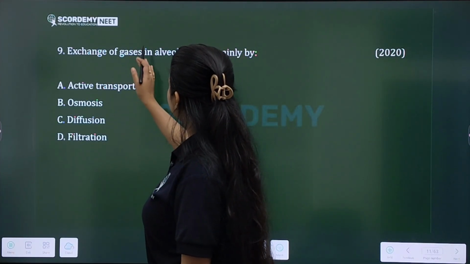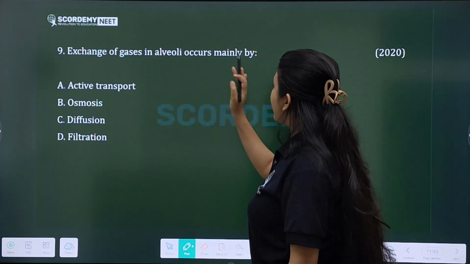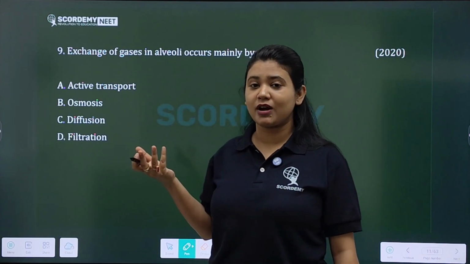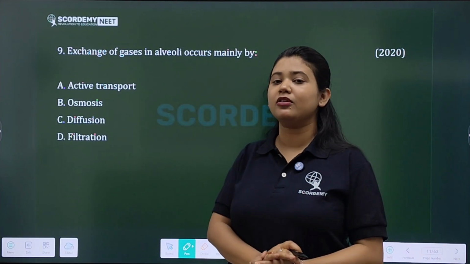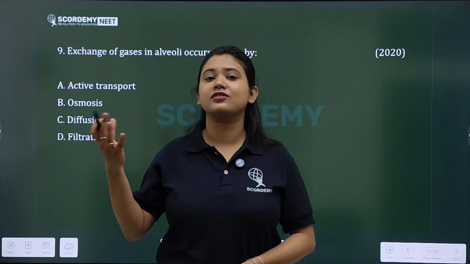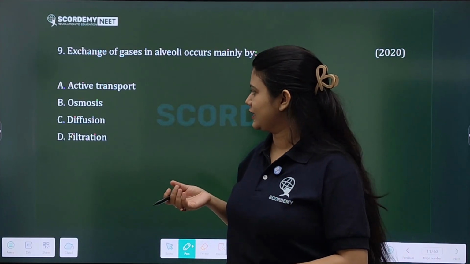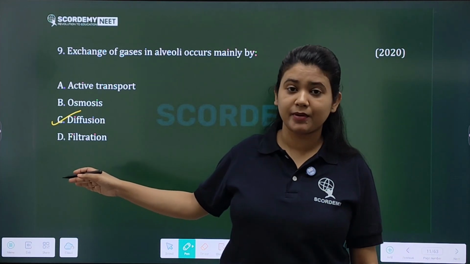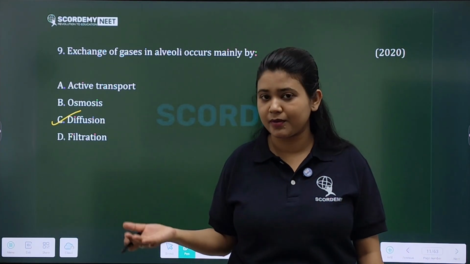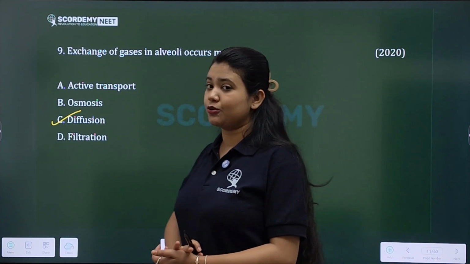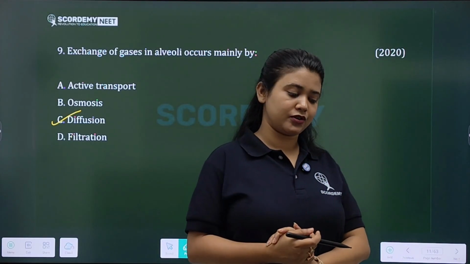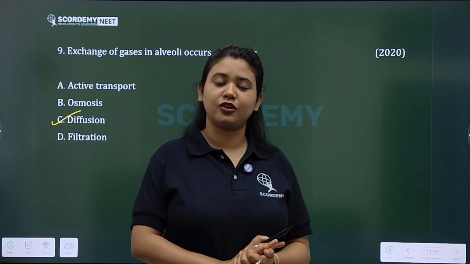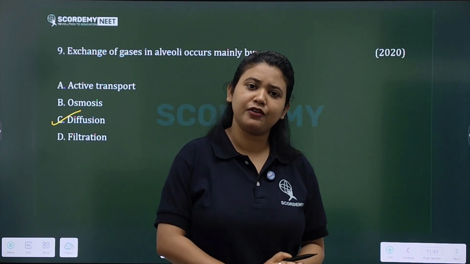Exchange of gases in alveoli occurs mainly by diffusion. Intrapulmonary pressure should be less than your atmospheric pressure, because diffusion is a process where air moves from a region of higher pressure to a region of lower pressure.